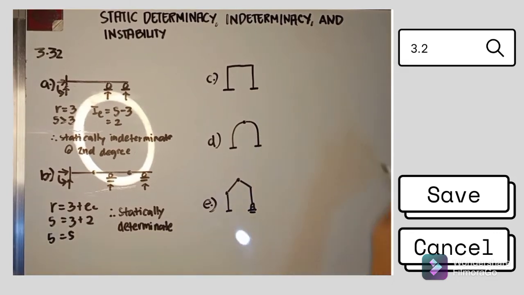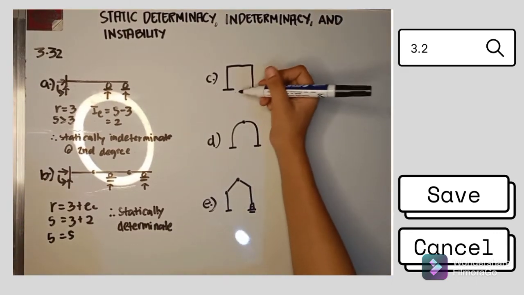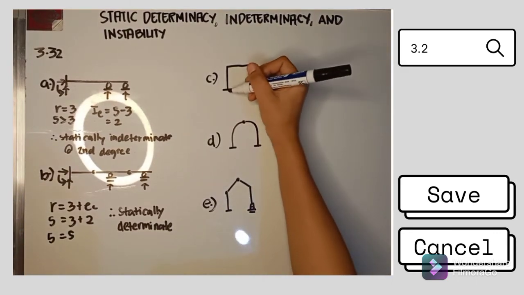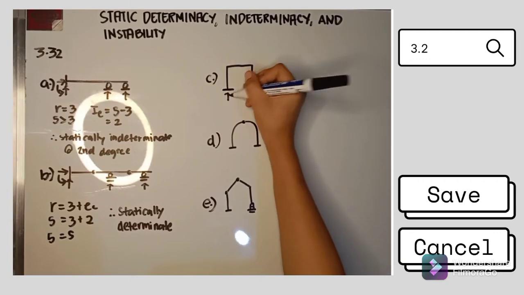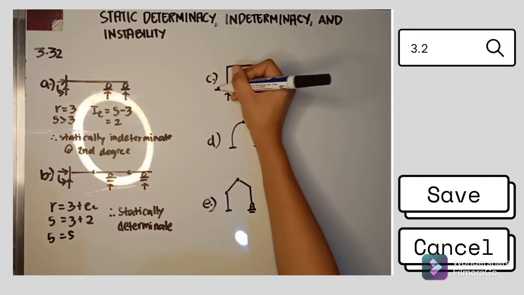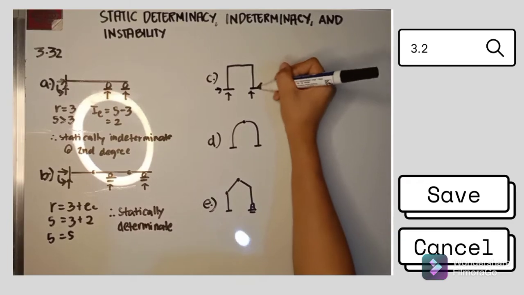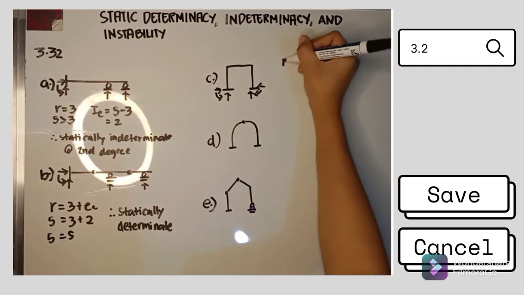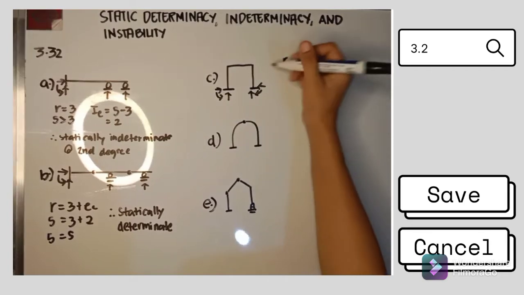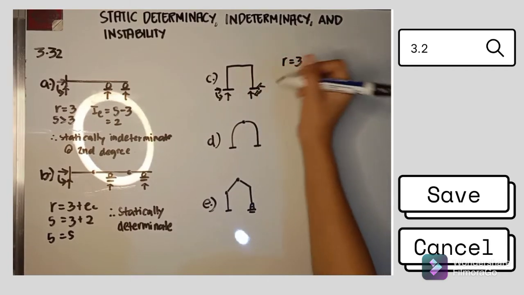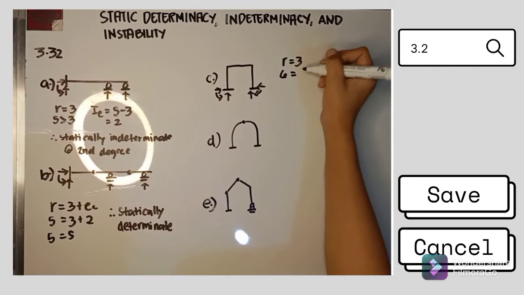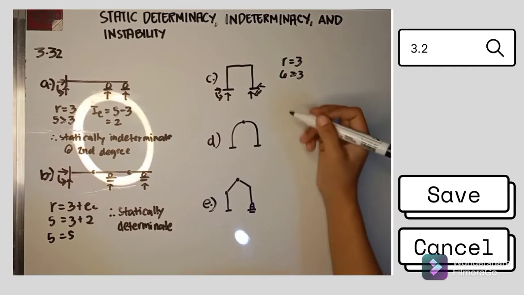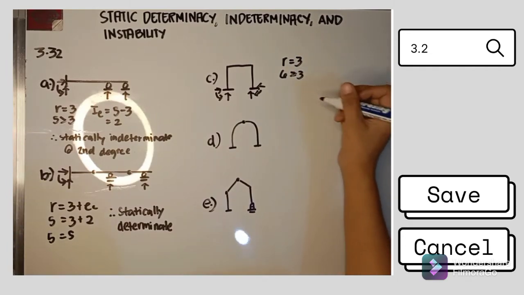So, letter C na. In letter C, we have a frame that is fixed on both point A and point B. When fixed, it has three reactions each. So, R is equal to 3. The total number of external reactions is 6. 6 is greater than 3, therefore, this is statically indeterminate.